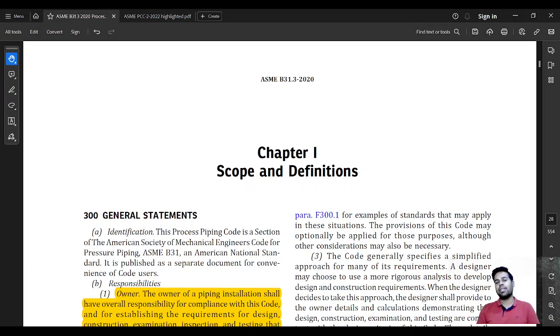Again, we have already seen in the introduction video that this code is generally going to be used by the manufacturers. Generally, this code will take precedence when you are talking about new piping systems. But if it's an in-service piping system, then this will not take precedence.